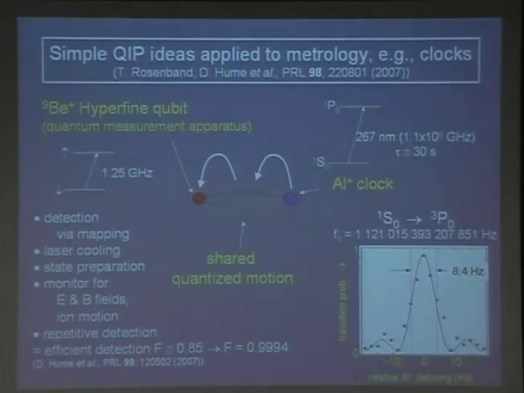Basically, all atomic clocks work essentially the same way. We find some atom, we find a transition that has good properties, and what I mean by that is that the frequency of the transition will be fairly immune to external influences like electric and magnetic fields. Then we have some oscillator, and nowadays it's a laser, but it could be a microwave oscillator, for example. We drive this transition, and we look for the condition where we drive it with maximum probability.